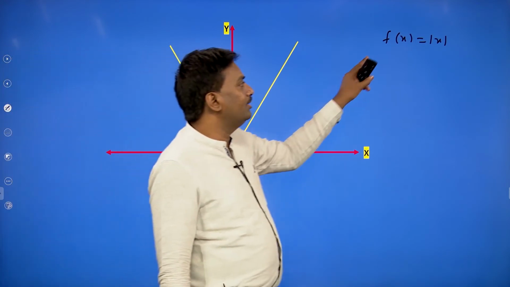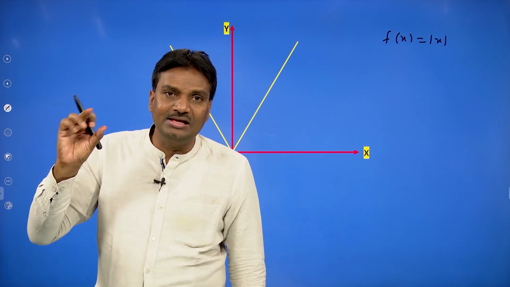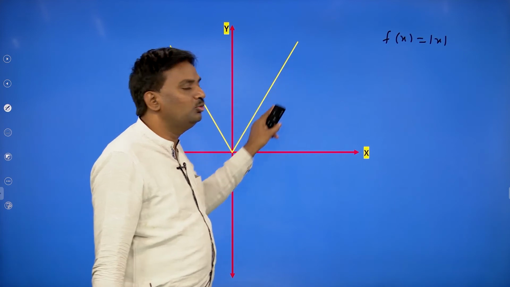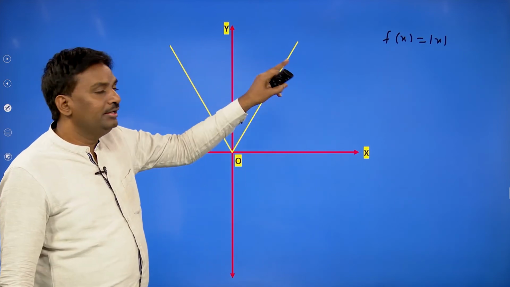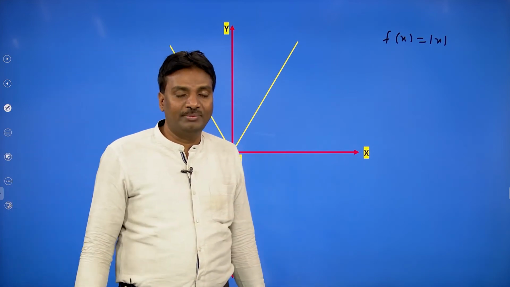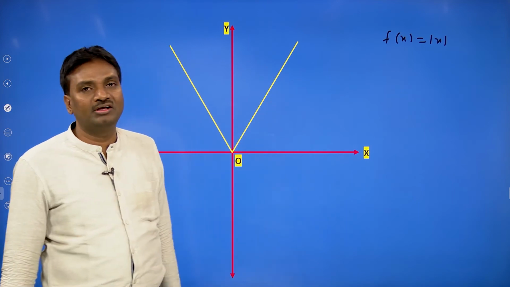If f of x equal to mod x, in place of x by taking either negative values or positive values you will get positive y values only. By taking x values on the x-axis and f of x values on the y-axis, you will get the graph of the modulus function like this.